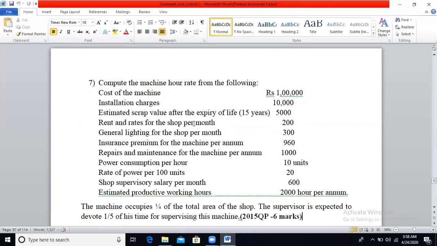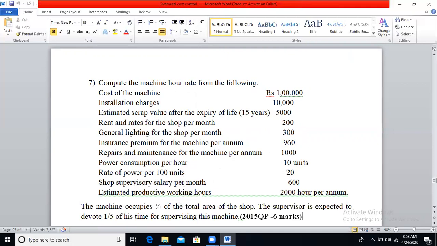Rent and rates for the shop per month 200, general lighting for the shop per month 300, insurance premium for the machine per annum 960, repairs and maintenance for the machine per annum 1000, power consumption per hour will be 10 units. Here they have given rate of power per 100 units will be 20. Shop supervisory salary per month will be 600.